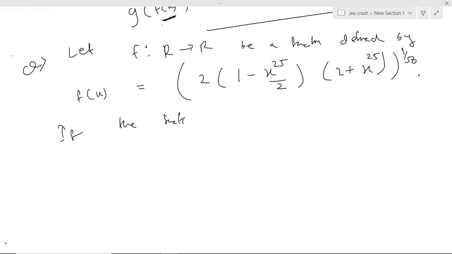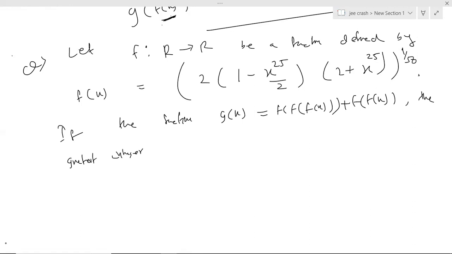If the function g of x equals f of f of x plus f of f of x, the greatest integer function, and the greatest integer less than or equal to g of 1 is that.